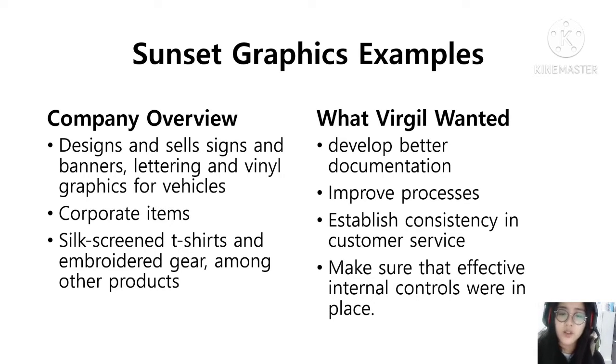Also, they handle corporate items and silk screened t-shirts and embroidered gear, among other products. But the owner also wanted to review Sunset's business process to develop better documentation, improve processes, and establish consistency in customer service. And he wanted to make sure that effective internal controls were in place.